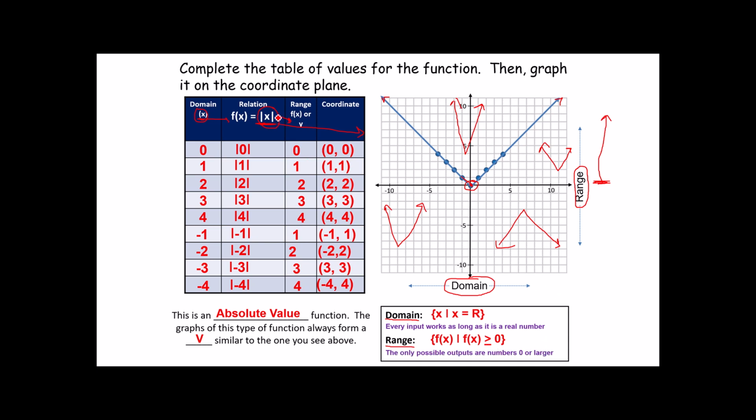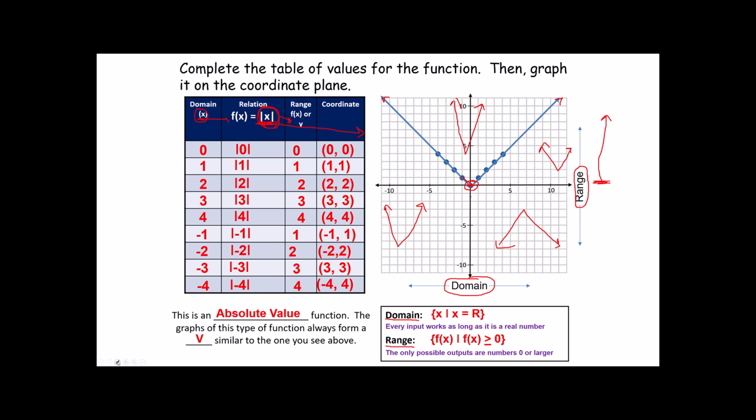Now, if you know a whole lot about absolute value, you're probably not really surprised by that because absolute values always give you positive outcomes. No matter what you stick in, it's going to come out positive. So in this particular example, no matter what I stick in, I'm not going to be able to get a negative number. You stick in a 3, you get a positive 3. You stick in a negative 3, you get a positive 3. No matter what you stick in, it's going to come out positive.